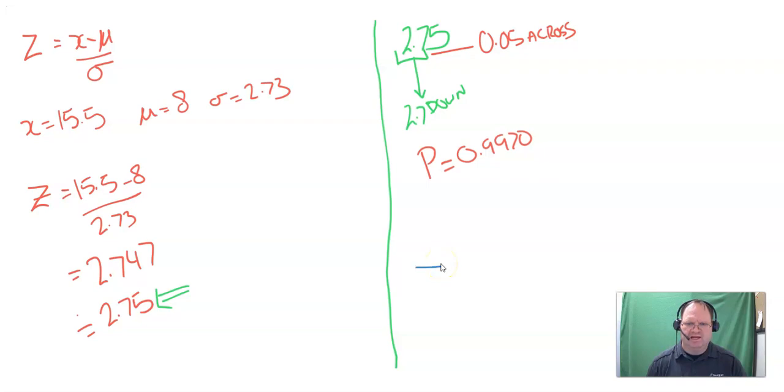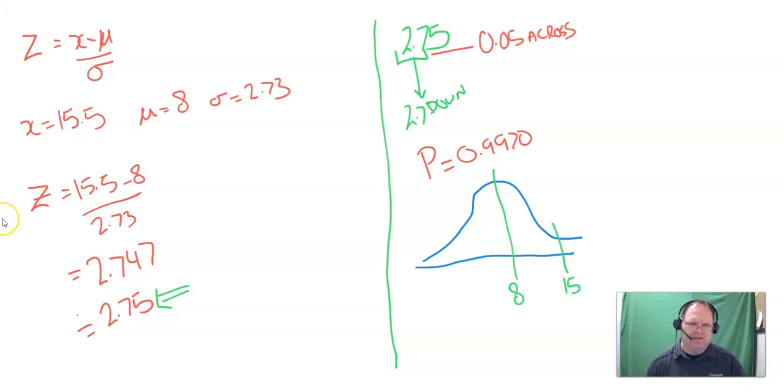If we look at a sketch of the normal distribution graph, the 15 is here, the mean, which is 8, is here. That means that 99.7% of our data is less than 15.